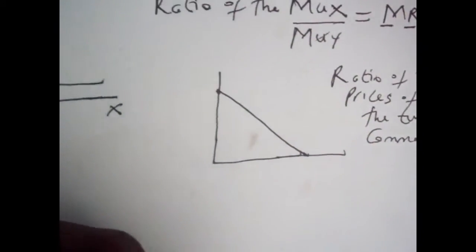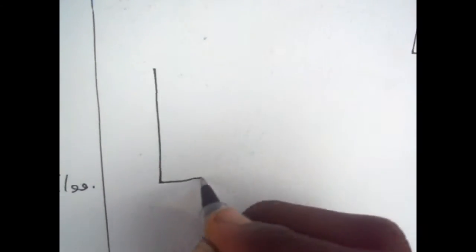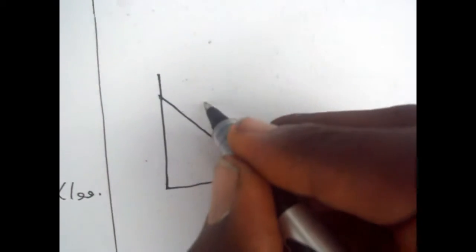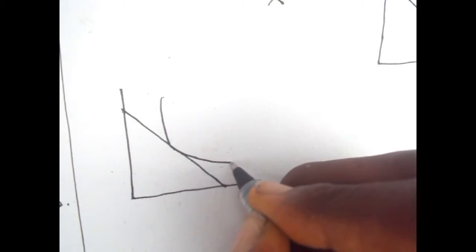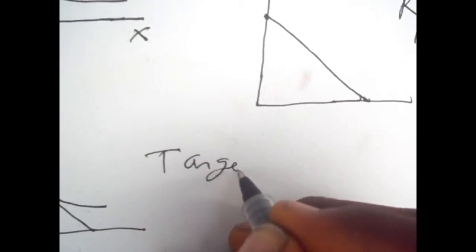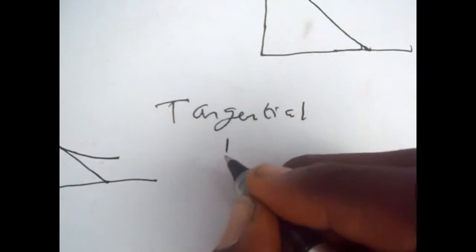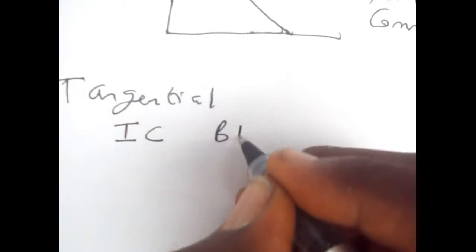And of course, for utility to be maximized under the ordinalist approach, the indifference curve and the budget line must be tangential. So what do we mean by tangential? It means that the slope of the indifference curve must be equal to the slope of the budget line.